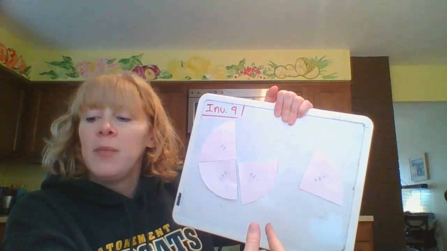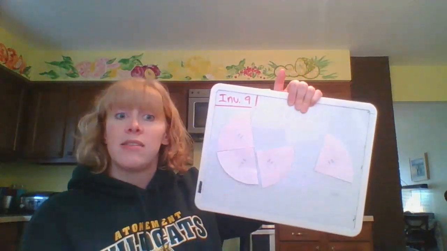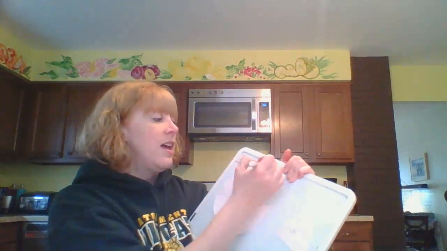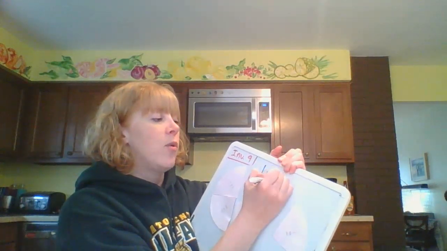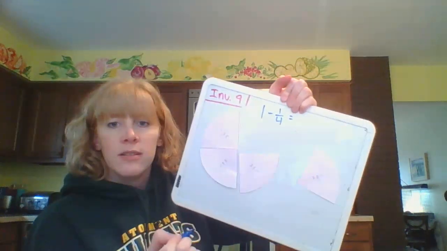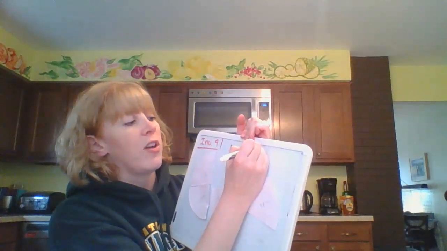Here's a fraction number sentence for the subtraction, and this is the number sentence that they give you in the investigation. They say 1 minus 1/4 equals, and I'm going to count that up, 1, 2, 3/4 are left.